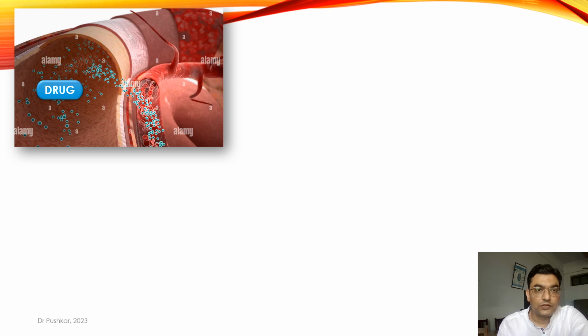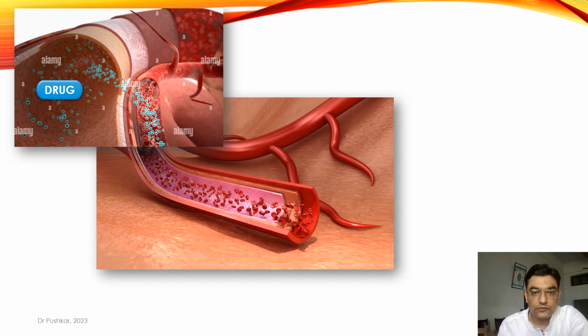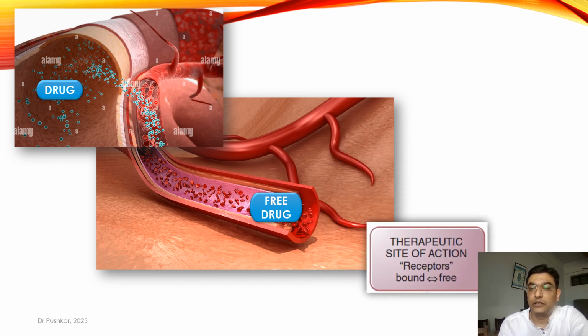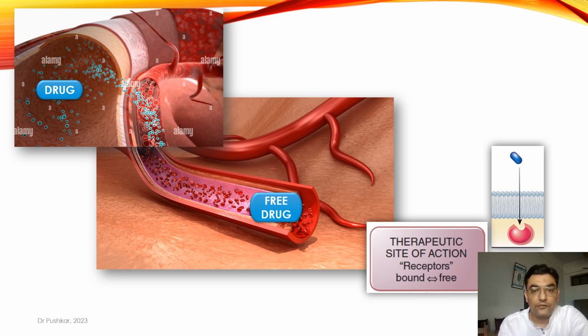Now this drug will reach the circulatory system, and in the circulatory system it will remain as the free drug. Of course you have given this drug to have some therapeutic effect, so this free drug will reach the therapeutic site of action, bind to the receptors, and have some therapeutic effect.